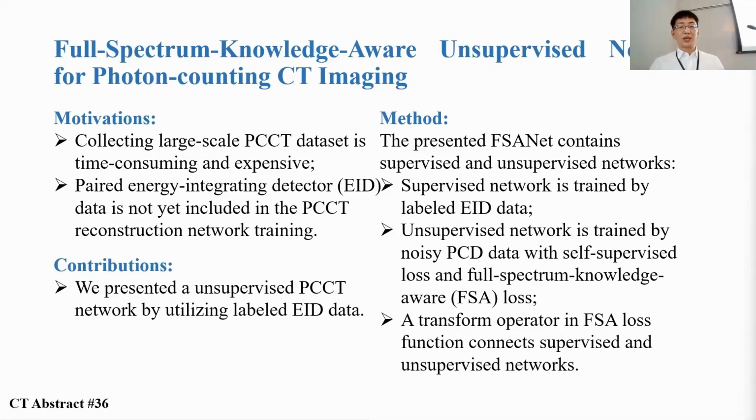So the presented method contains one supervised network and one unsupervised network. The unsupervised network is trained by noisy photon counting CT data, and a transform operator is used to connect the supervised and unsupervised networks. Thank you.